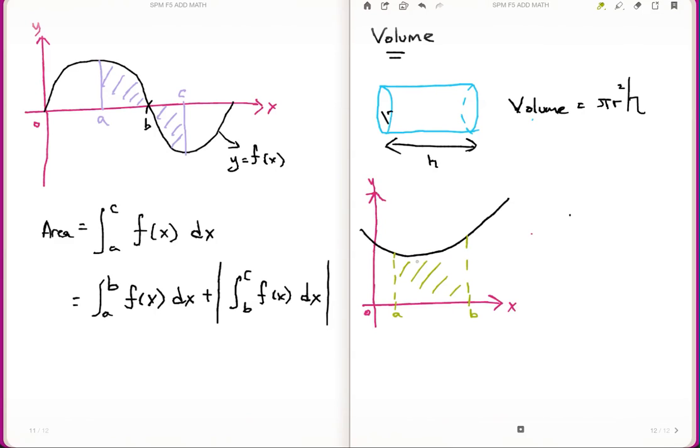But what happened? This curve rotates around the x-axis, meaning it revolves 360 degrees around the x-axis, where the x-axis is now the rotation axis. You will get a very funny object.